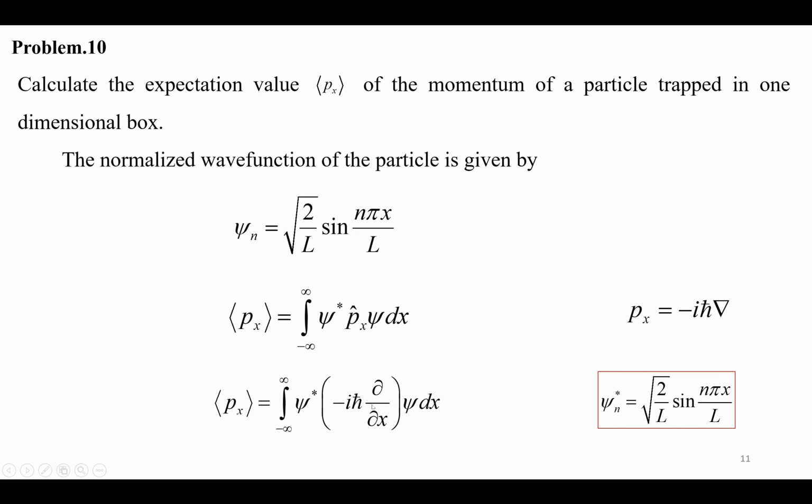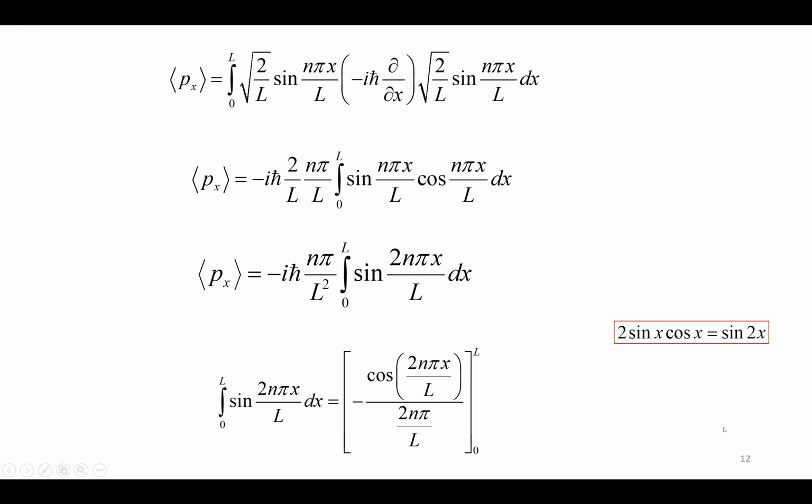So now we are going to substitute ψn, and of course ψn star also will be the same as ψn, root of 2 by L sin nπx by L. So substituting, that will give us exactly this expression. Now we differentiate this wave function with respect to x.